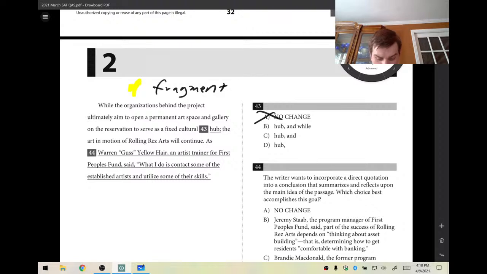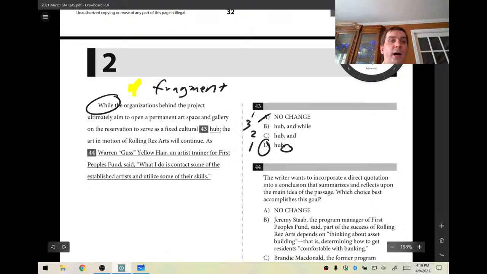What can we use? Well, I'm also going to count the words too. So that was one word, but it doesn't work. This is 3 words. This is 2 words. This is 1 word. It's probably D. And a comma can go there because we would need a comma because of this while.